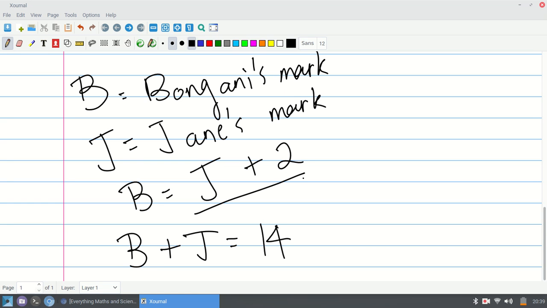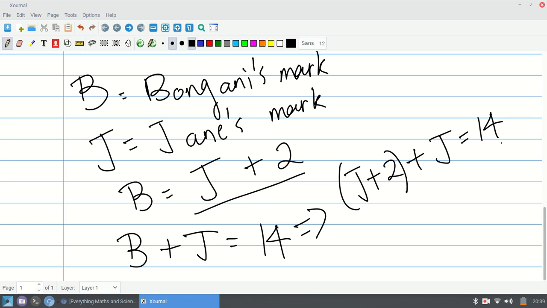But we have an expression for B now in terms of J. So that means that Bongani's mark, which is just 2 more than Jane's, added to Jane's mark is equal to 14. So now I have to take away the brackets and collect like terms. There are 2 J's here, J plus J makes 2J.